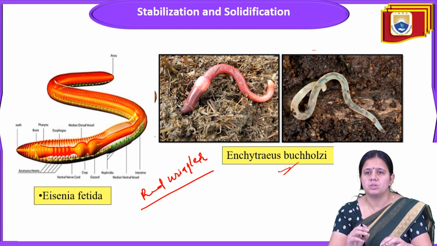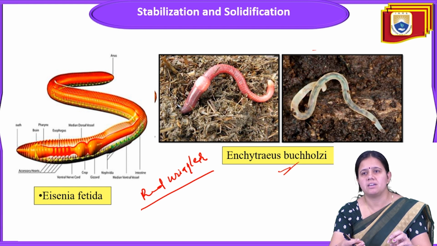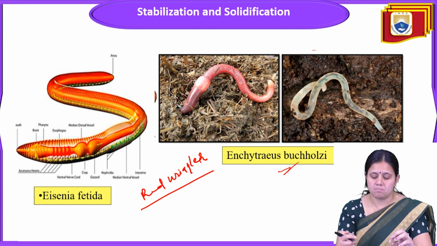While putting these earthworms into the vermicompost chamber, they degrade the solid waste, and by degradation of solid waste, vermicast comes out from the earthworm. That vermicast can be called compost also.